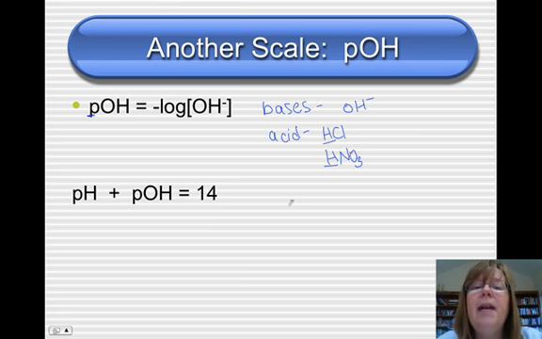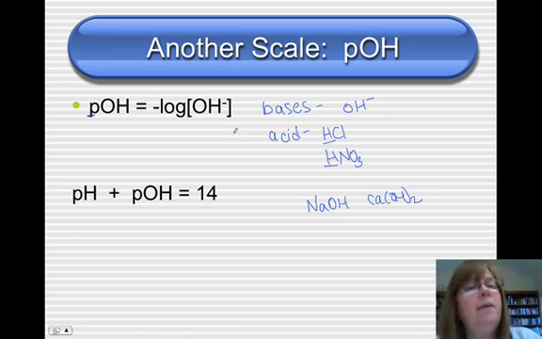Well, now for bases, we're on the lookout for hydroxide ion concentrations. So things like sodium hydroxide or calcium hydroxide, things with a hydroxide ion concentration. So if you get your hydroxide ion concentration, and we know how to do that from our last video of getting the molarity of ions in solution, you take the negative log of it, you get your pOH.